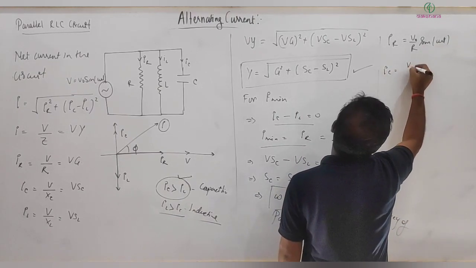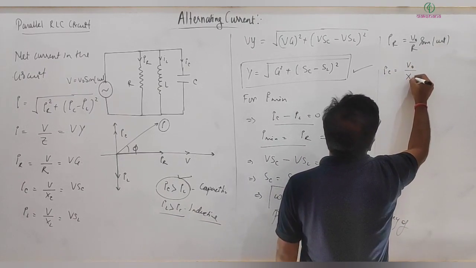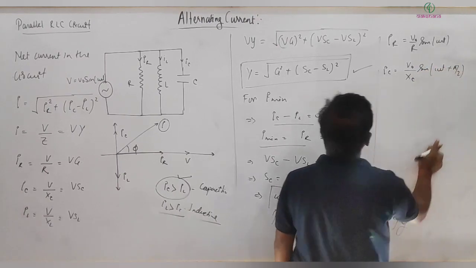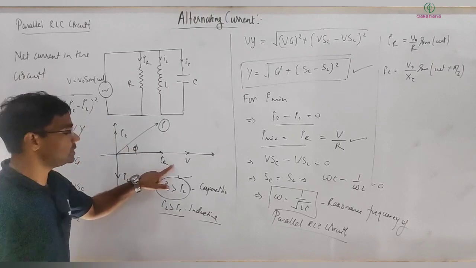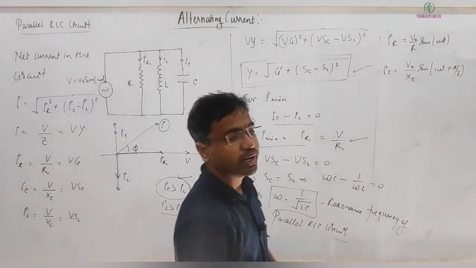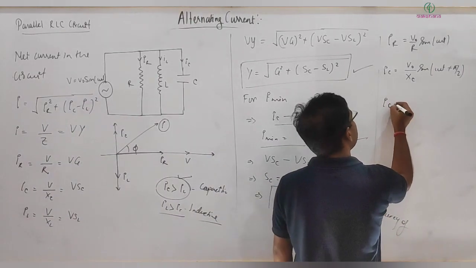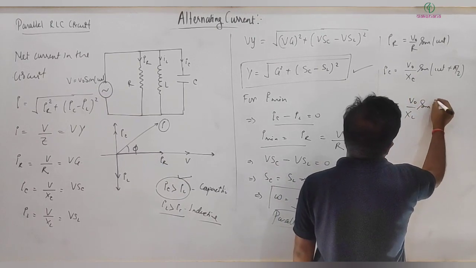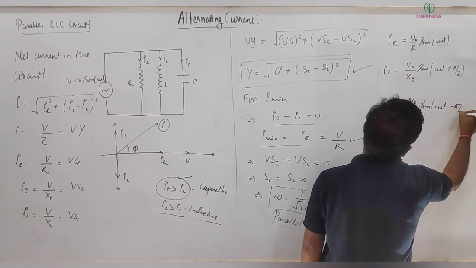IC will be equal to V naught divided by XC into sine of omega t plus pi by 2, because here IC is leading the voltage by a phase angle of pi by 2. And similarly IL you can write as V naught divided by XL into sine of omega t minus pi by 2.